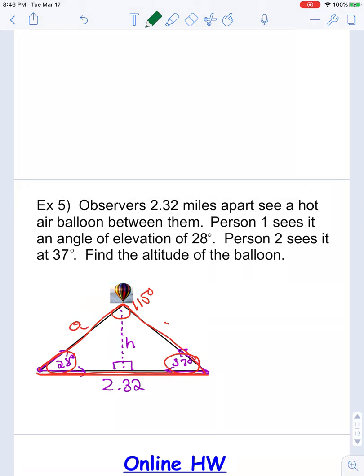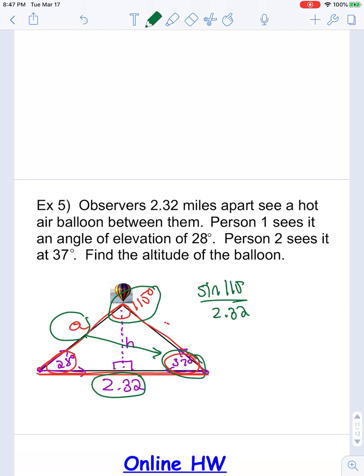Again, always look for the one set of information that you'll be able to solve or to write a complete ratio. So I'm going to start with the sine of 115 degrees over the 2.32 that's across from it. Now, since I'm looking for this side, I'm going to have to use this angle that's across from it.